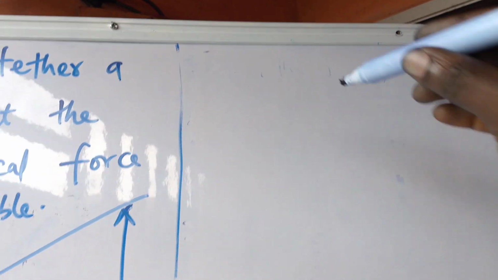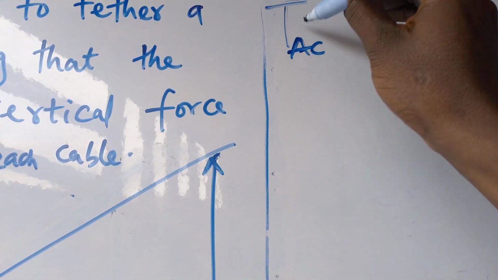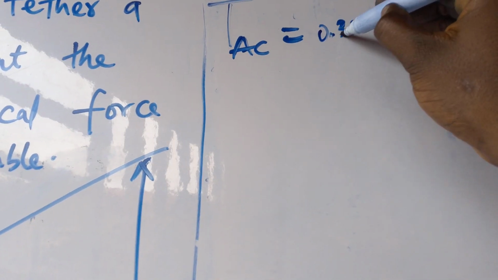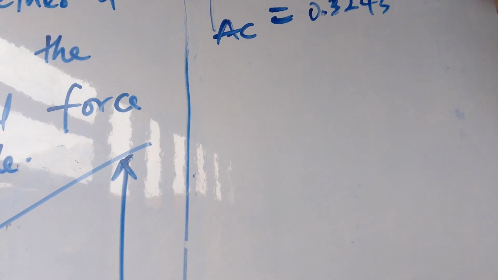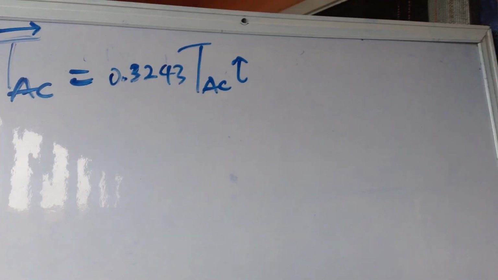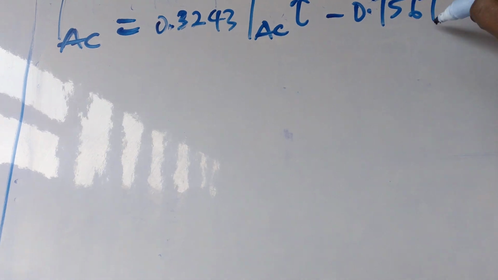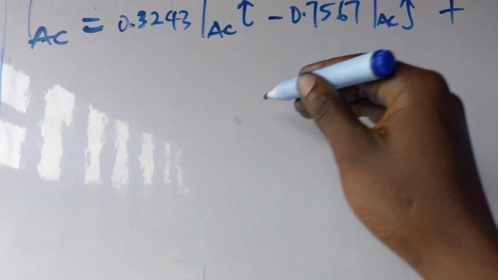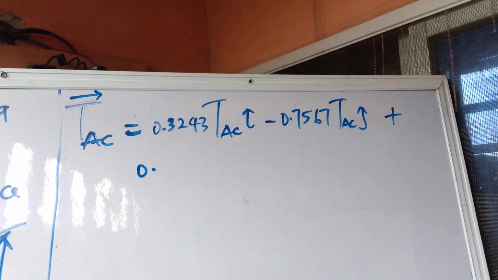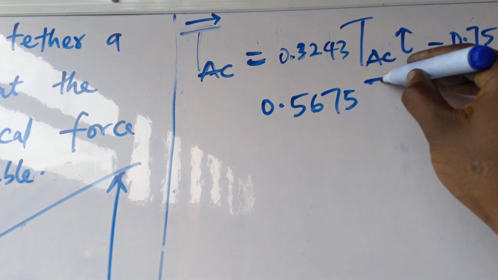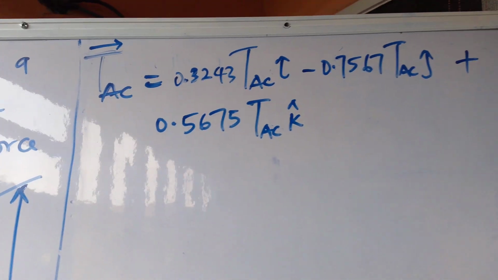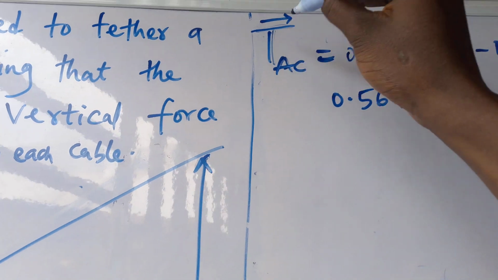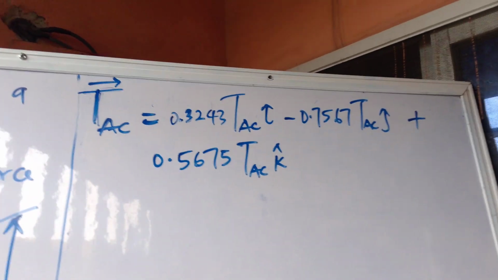So I'm having the vector TAC equals 0.3243 TAC I minus 0.7567 TAC J plus 0.5675 TAC K. Okay, that's when I expand it.